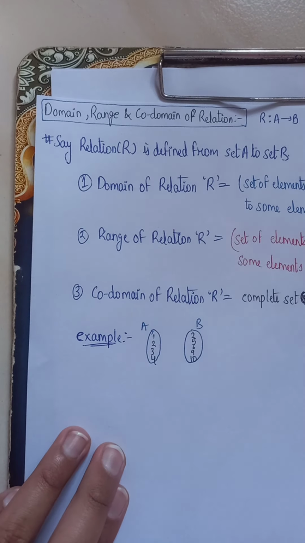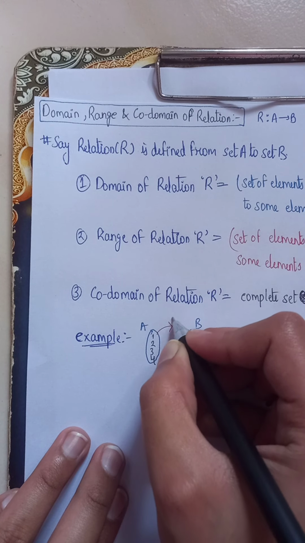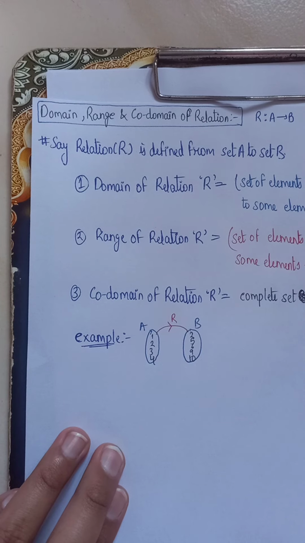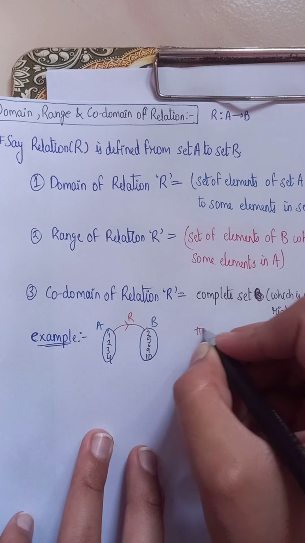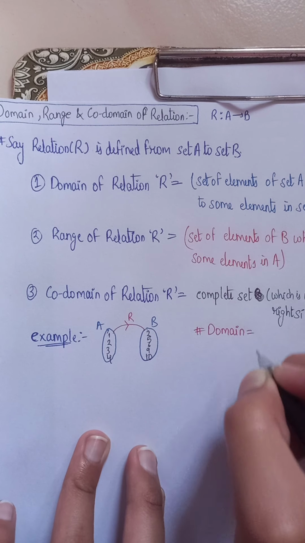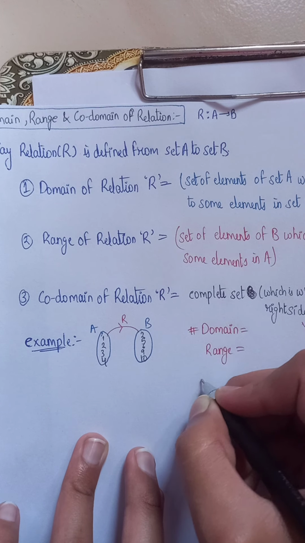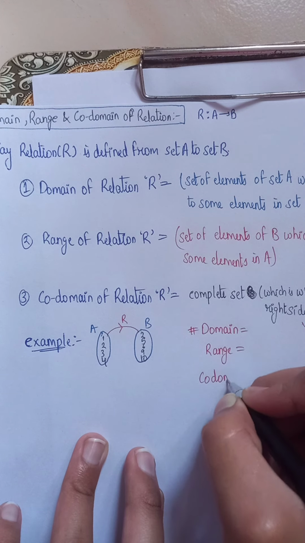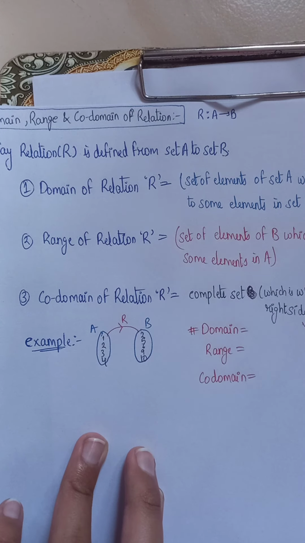These are the elements of sets A and B, and the relation is defined from set A to set B. Now you need to calculate the domain, the range, and the codomain for this relation.